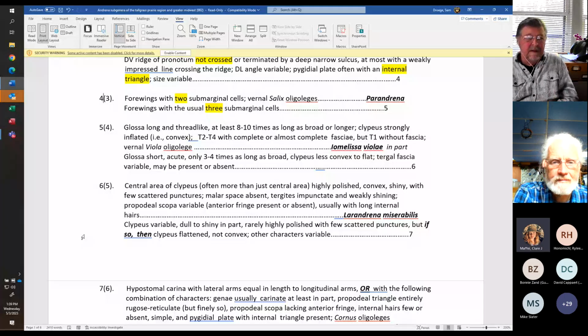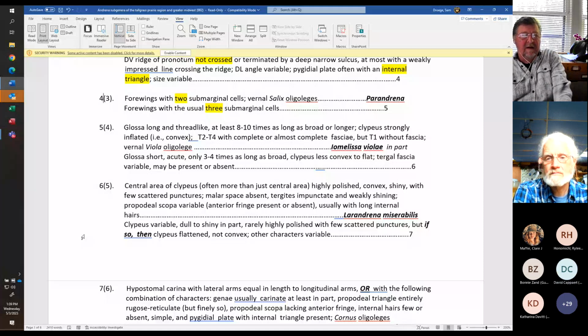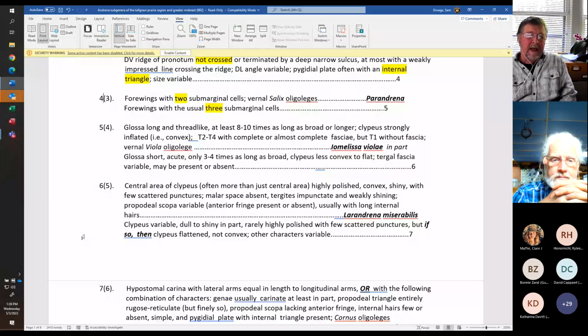And Bonnie's wondering if in the Pacific Northwest there are any other subgenera with 2 submarginal cells. Yes, things are different on the other side in the West. A lot of these subgenera co-occur. They have dozens of species throughout the North American continent. And out west, one of those is Diandrena.